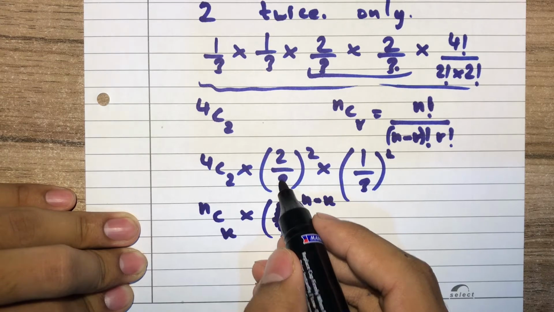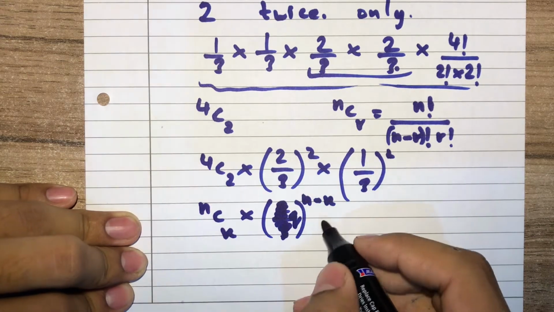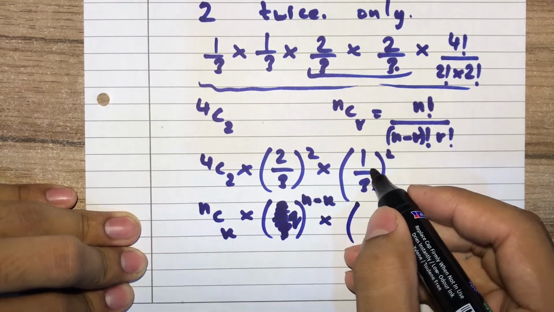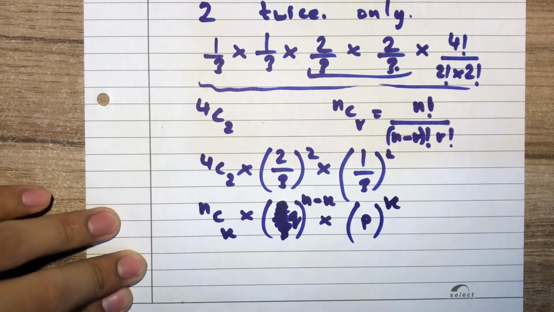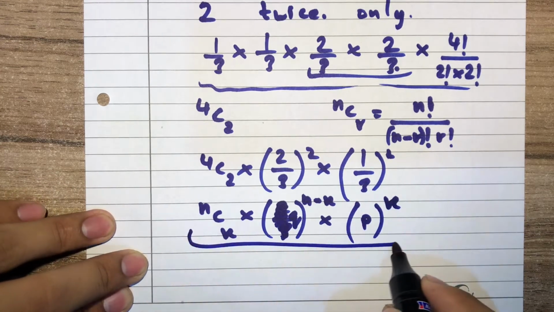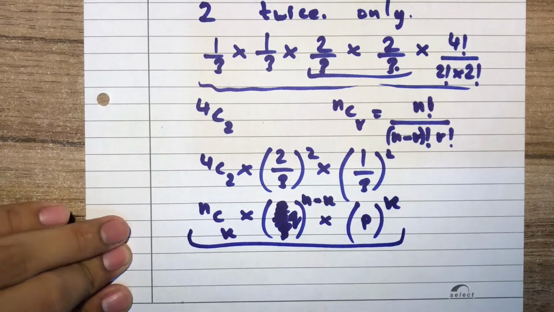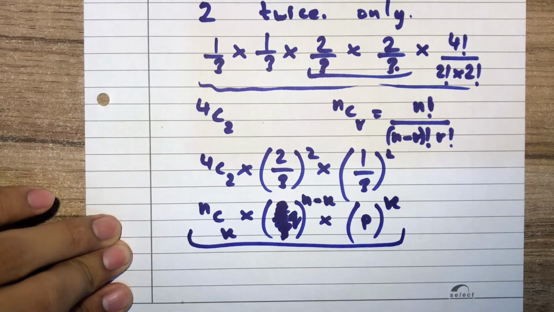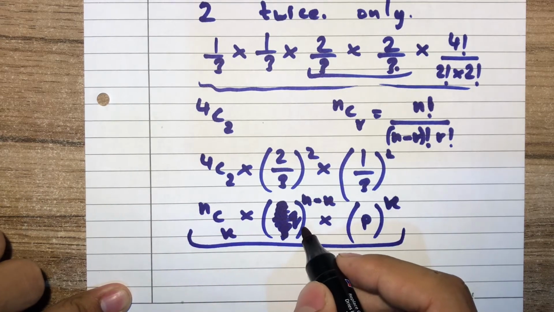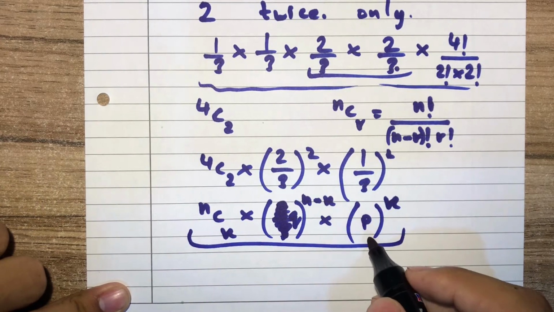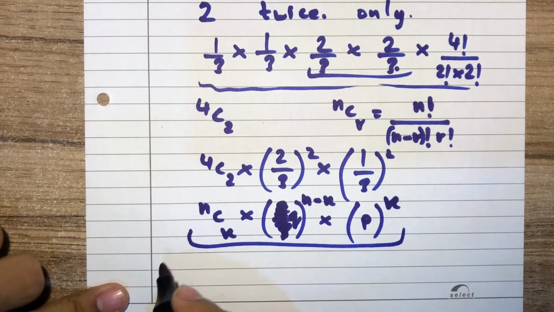This was the probability of failure, so we'll have q to the power n minus x, and then times, this is the probability of success, so p, and this would be power x. So this is similar to the binomial expansion formula that we did, nCr into a to the power n minus r times b to the power r. So over here we have nCx times probability of failure power n minus x times probability of success power x. This is the formula for the binomial distribution.